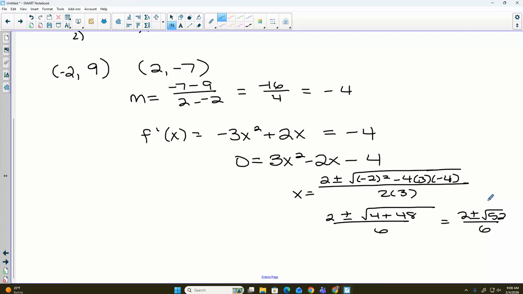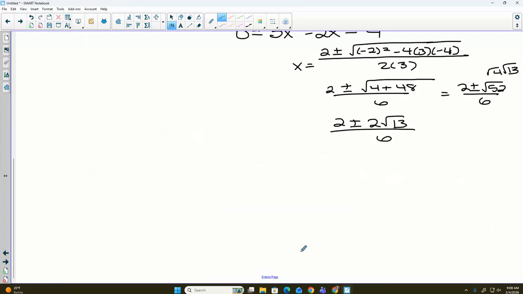So 52 you could break into 4 and 13. So I get 1 plus and minus the square root of 13 over 6. And we are looking between negative 2 and positive 2, and both of those are. So those would be my values.